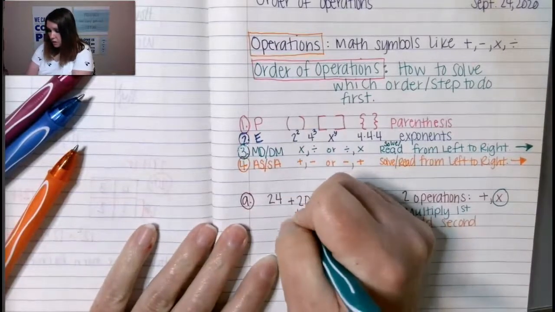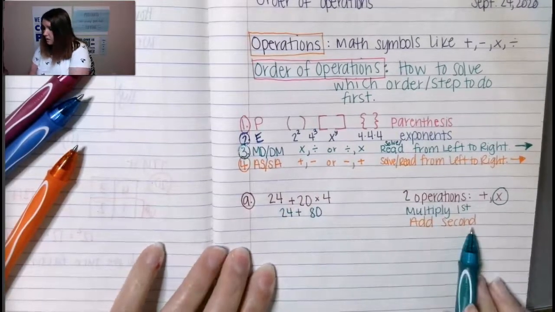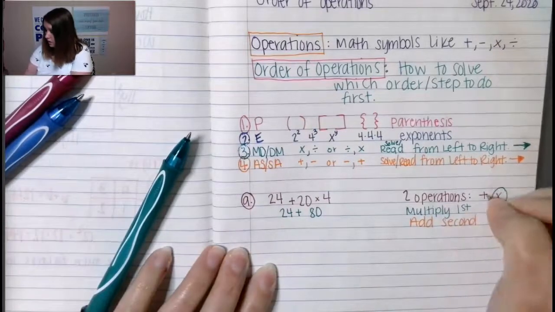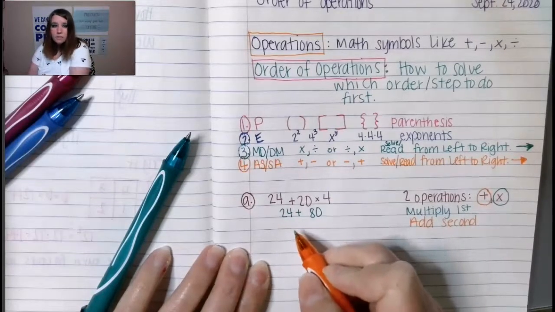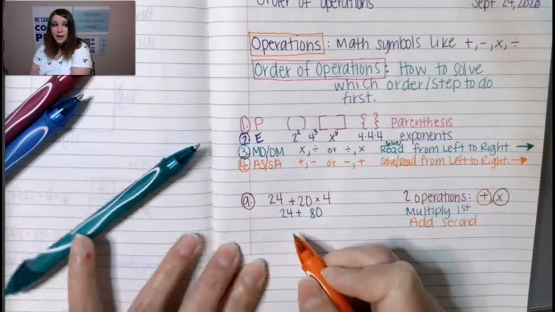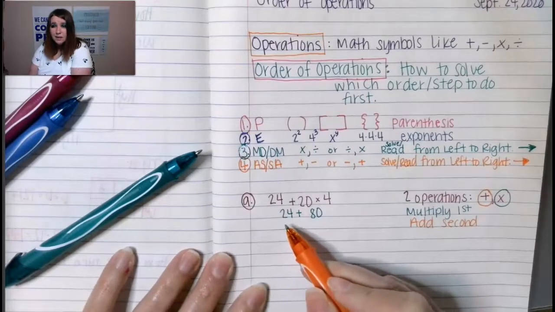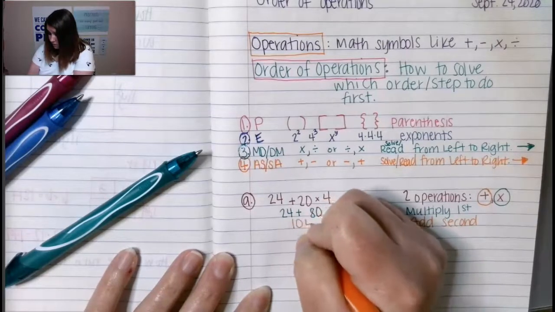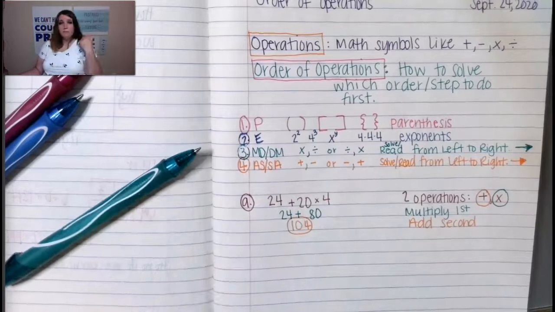Now I'm just going to drop down the rest of this problem, and now I'm going to do the second step, which was addition. So I'm going to come over here, and now I'm just going to add these. And I know that 80 plus 20 is 100, plus 4 is 104. That is my first problem.